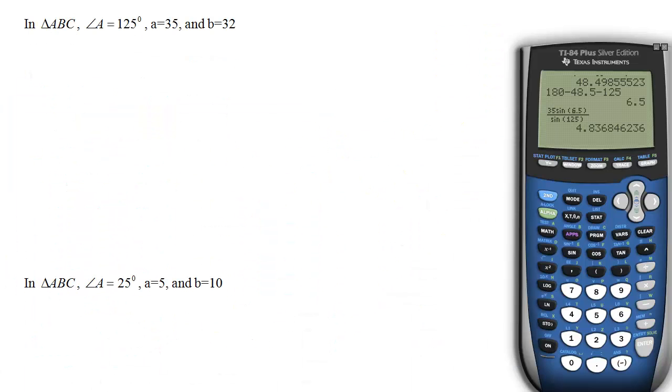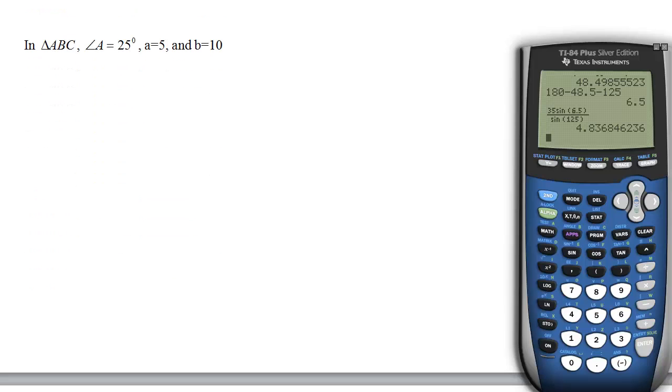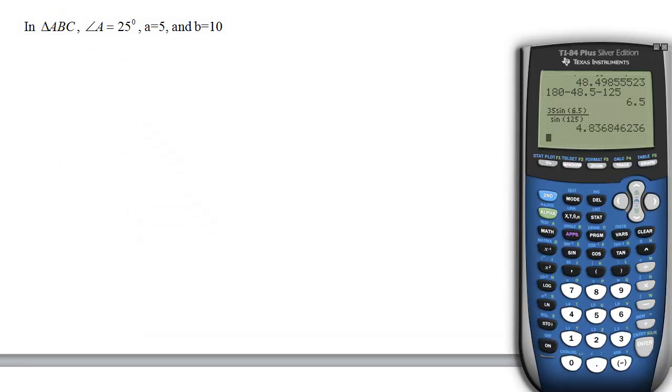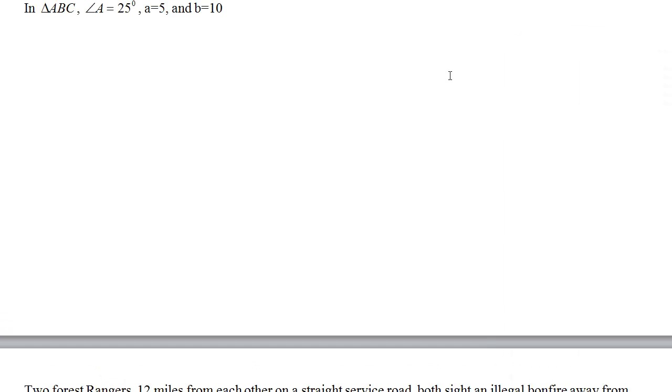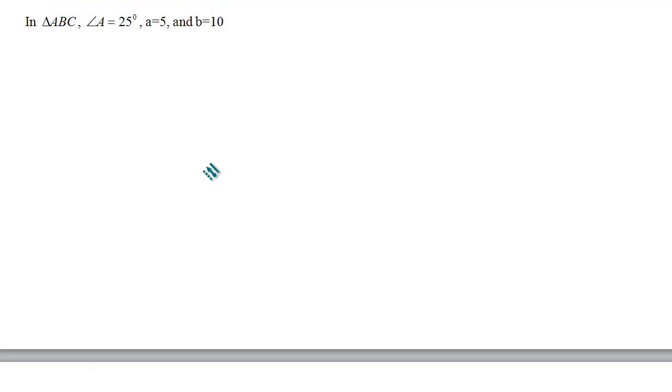Okay, let's look at another. Okay, so in this situation, let's double check. Let's build our triangle. I have angle A is 25 degrees, side A is 5, side B is 10.